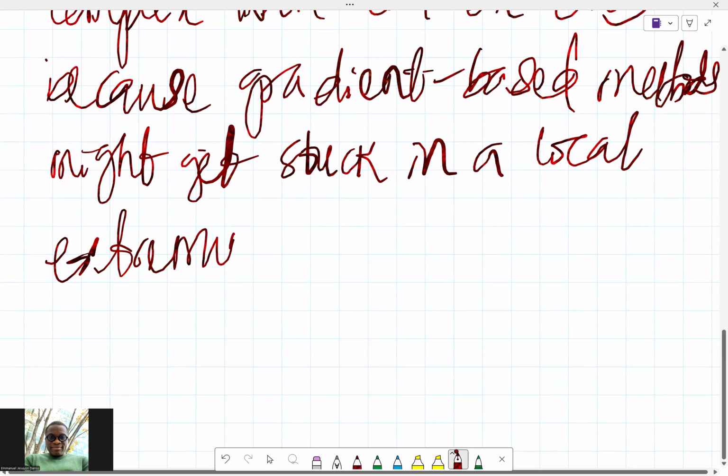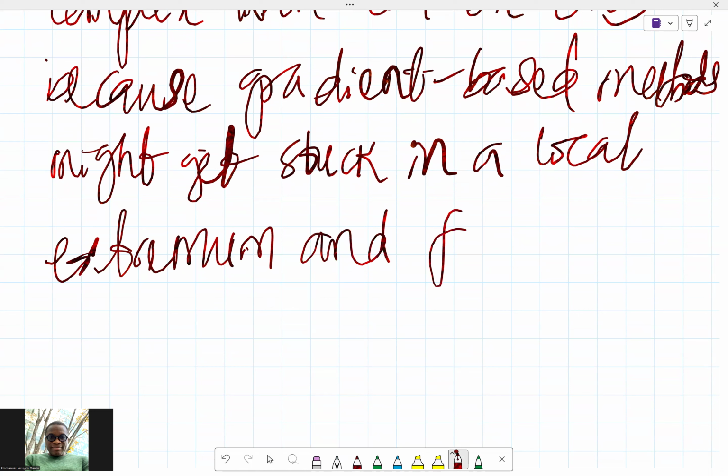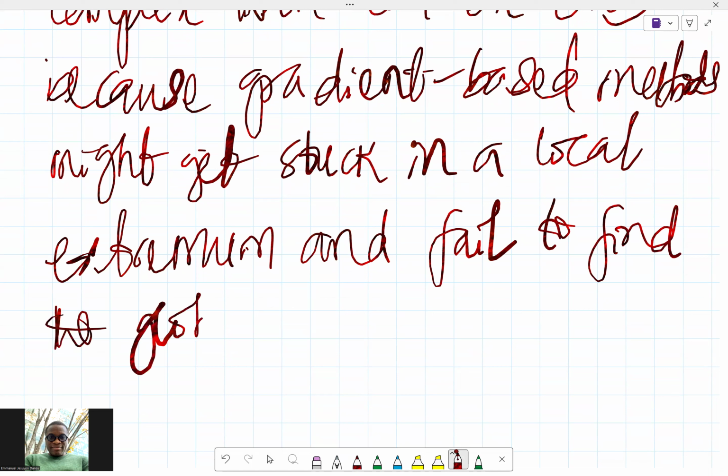That means you can get a local minimum that is not really the global one, right? They might get stuck in a local extremum and fail to find the global optimum.